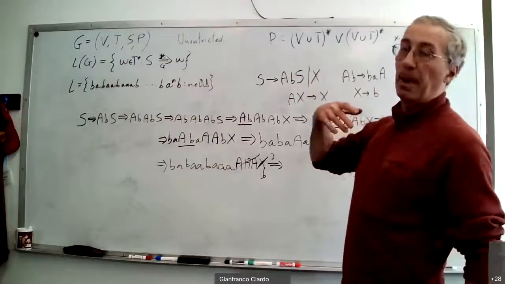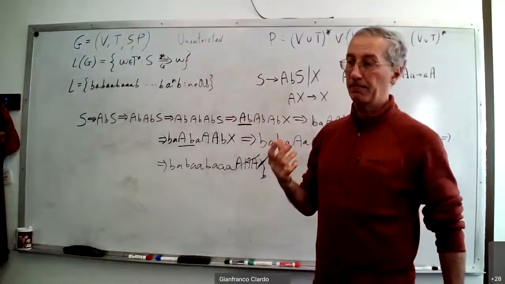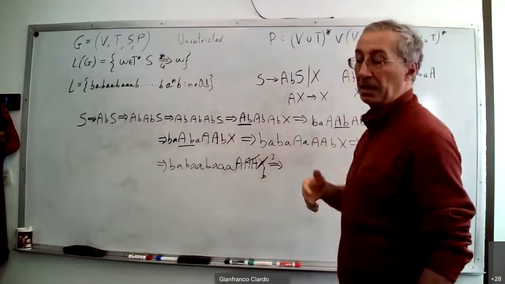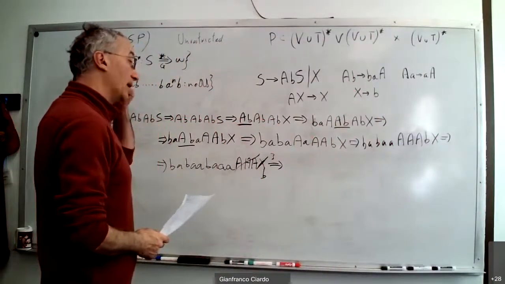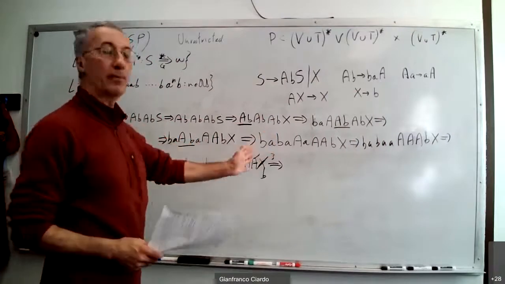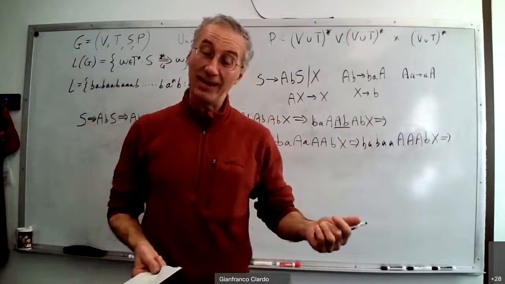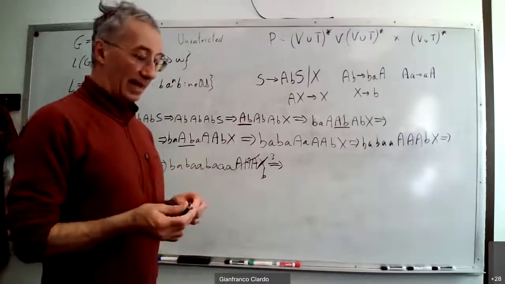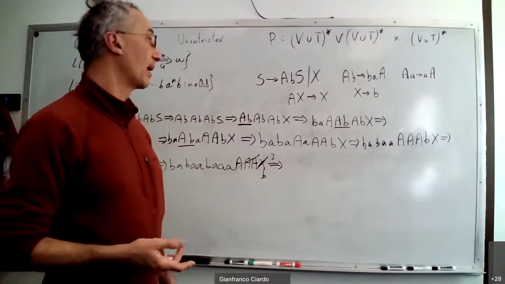For the power of 2, I always have just a sweep from left to right, but I could do it from right to left if I had something different, right? So the idea of sweeping the sentential form is essential to get fancy languages, right? And in a sense, it's a little bit like the head of the Turing machine sweeping on the tape, right?